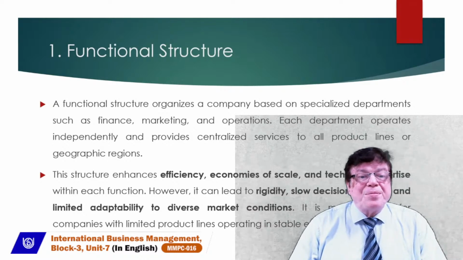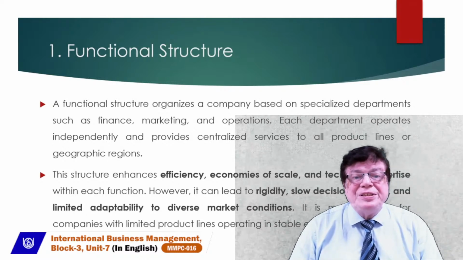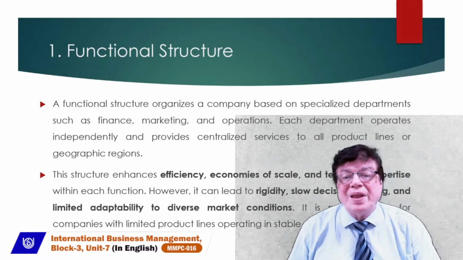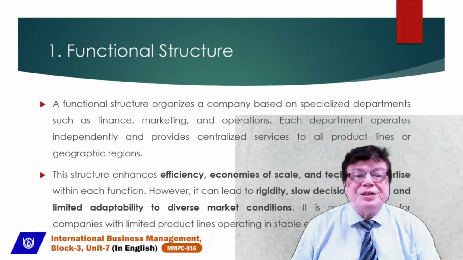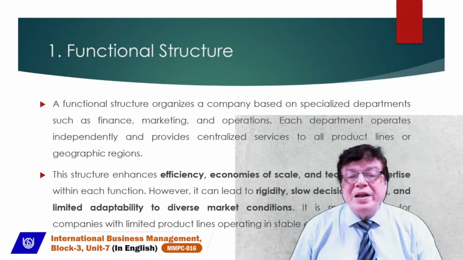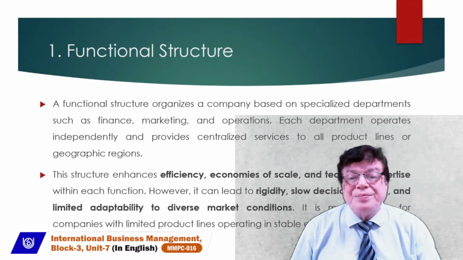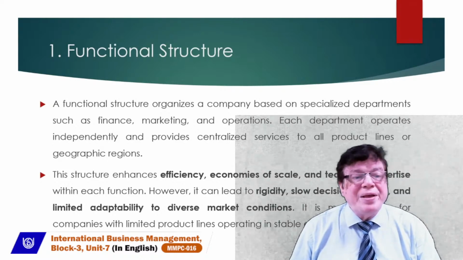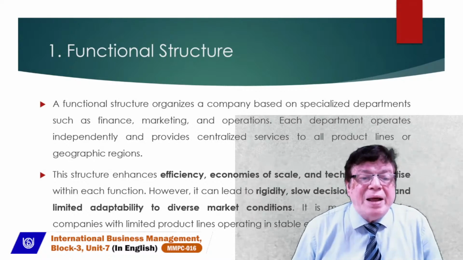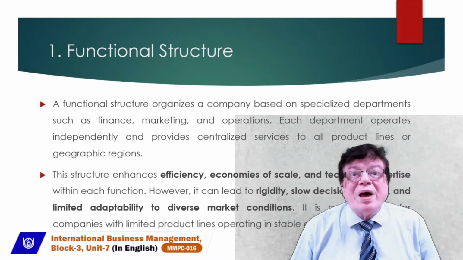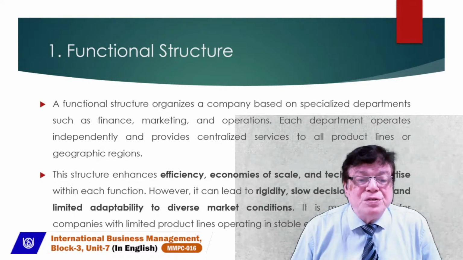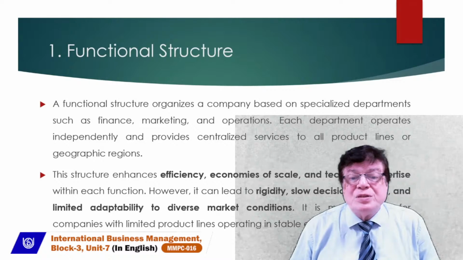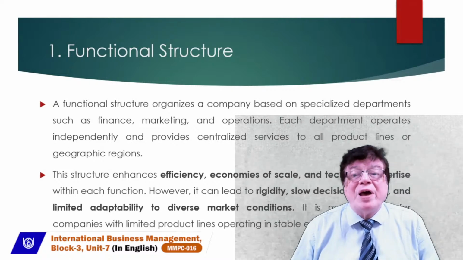This structure enhances efficiency, economies of scale, and technical expertise within each function. However, it can lead to rigidity, slow decision making, and limited adaptability to diverse market conditions. It is most suitable for companies with limited product lines operating in stable environments.